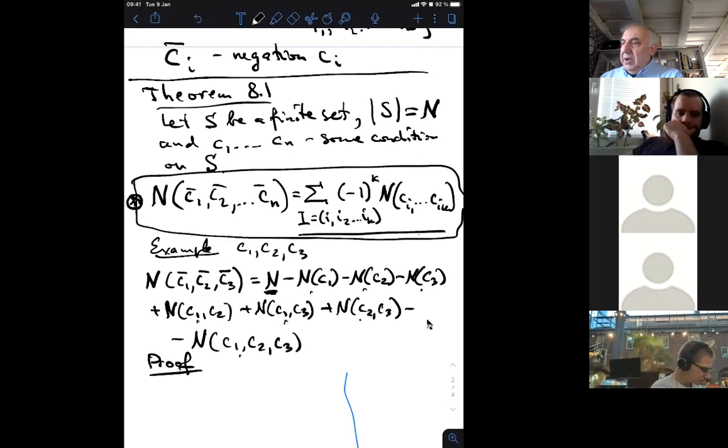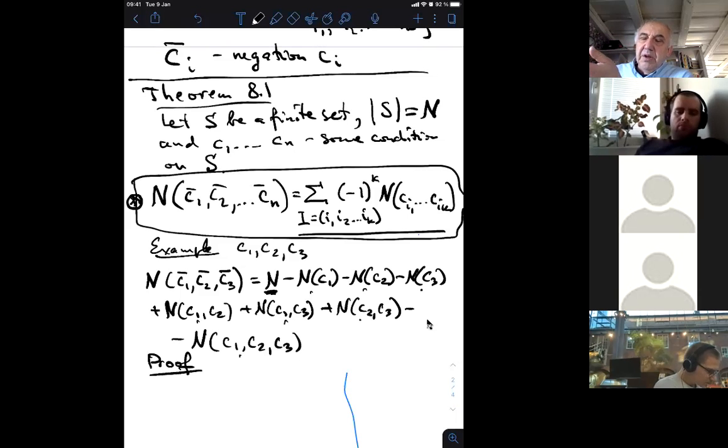Now, I'll be picking an element which lies in the union, but we'll need some more information. So I'll be trying to convince you that elements which lie in the union of the sets satisfying C1, C2, and so on, Cn contribute 0 to the left-hand side and 0 to the right-hand side.